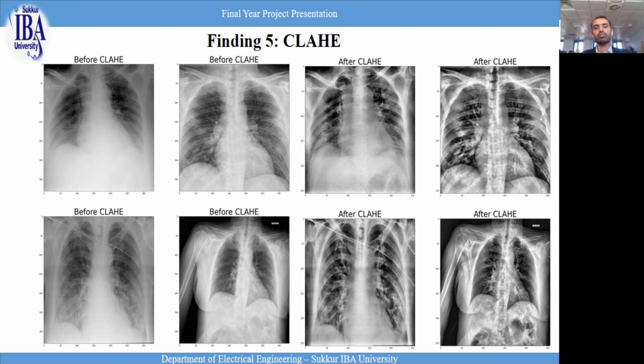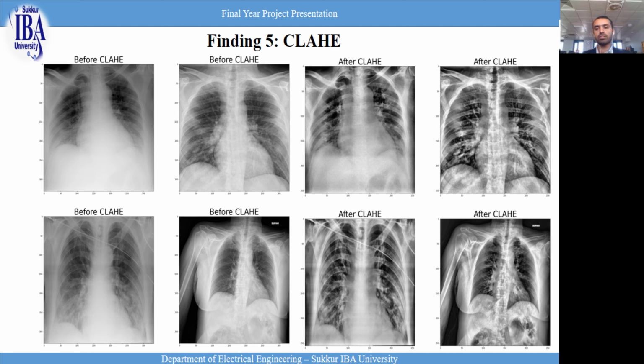In finding 5, we have used CLAHE, contrast limited adaptive histogram equalization. It is used in the pre-processing step. What it does is enhance the image with respect to its contrast.